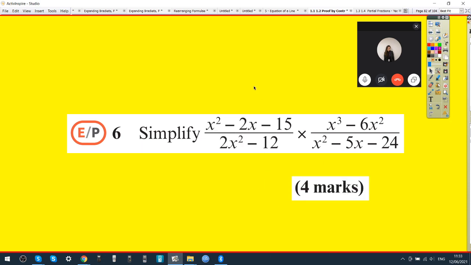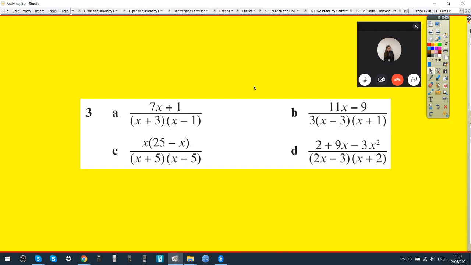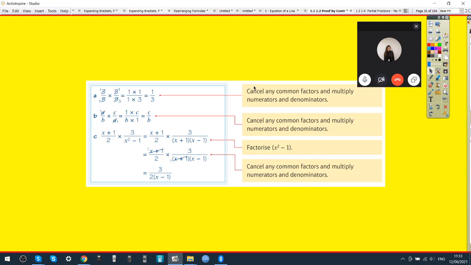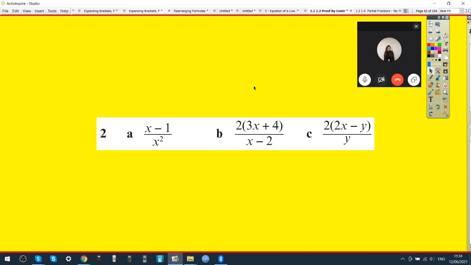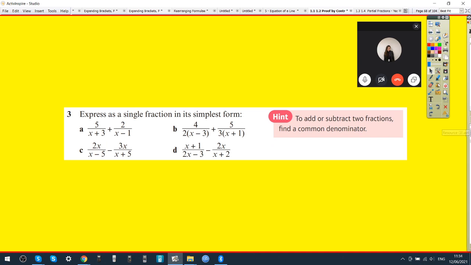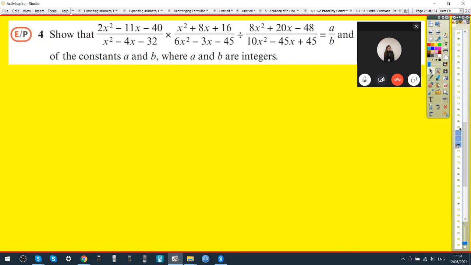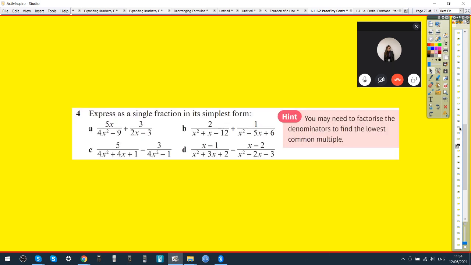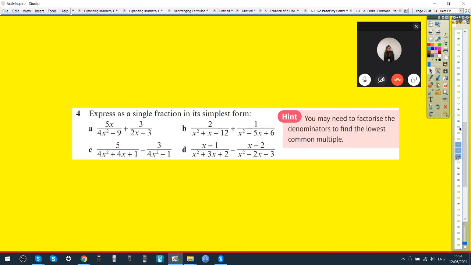Alright, I think we get the idea. Now let me go back. These are adding fractions, so we need to move these up to get all of them.